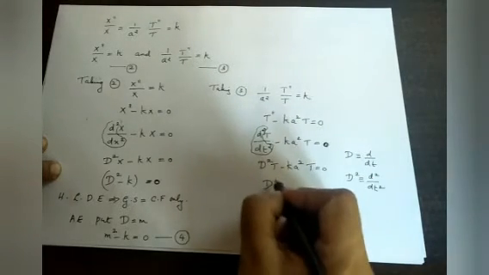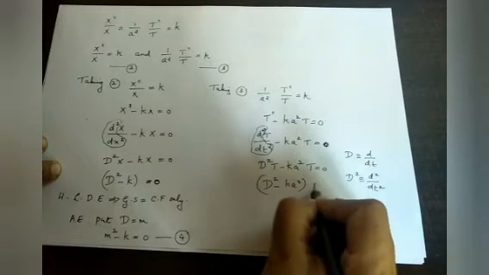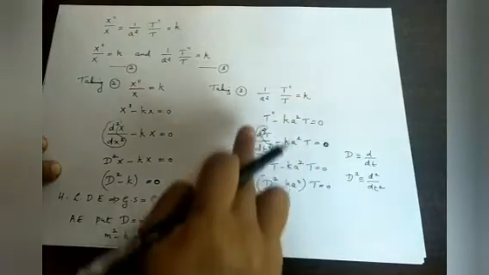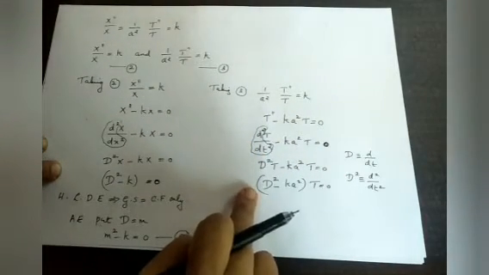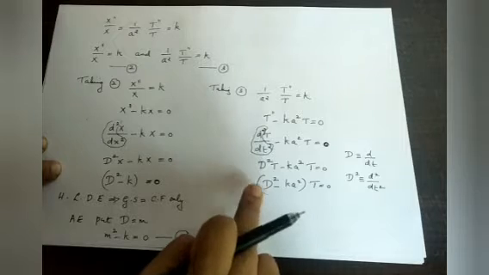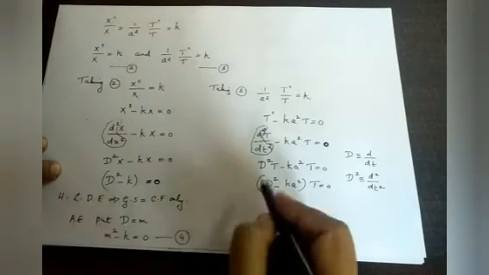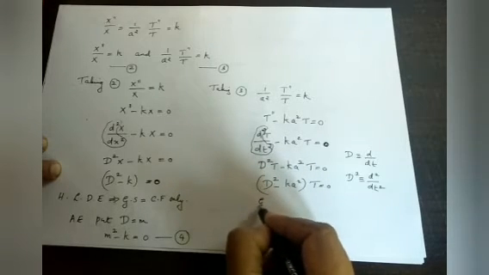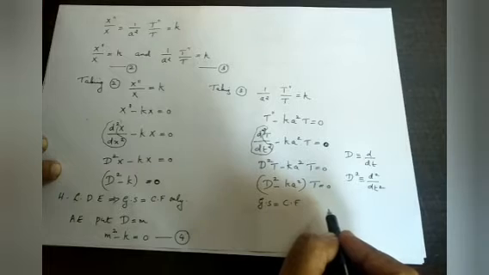Now taking T outside we get (D² − k a²)T = 0. Now all these equations represent homogeneous linear differential equations. We can find the solution of this homogeneous linear differential equation, in which the general solution will be the complementary function only. Here we have no particular integral.